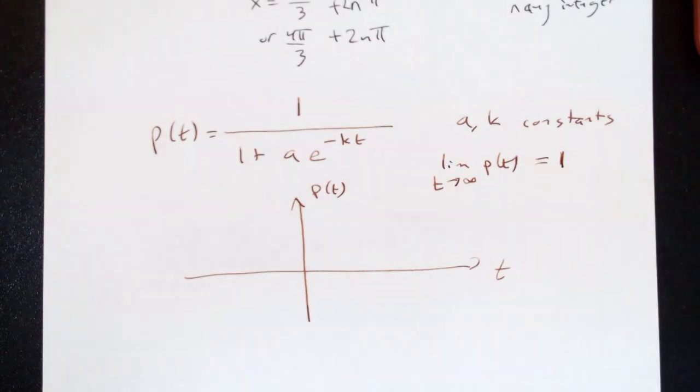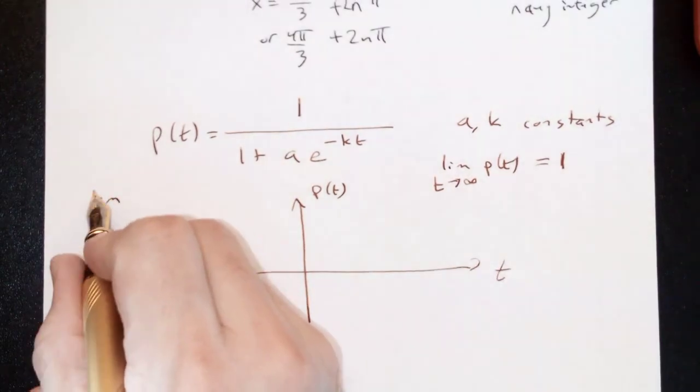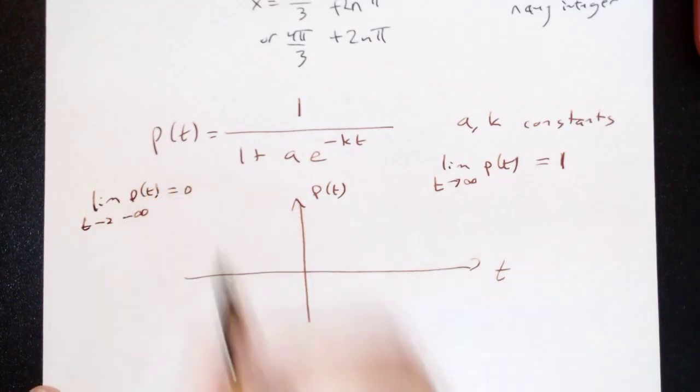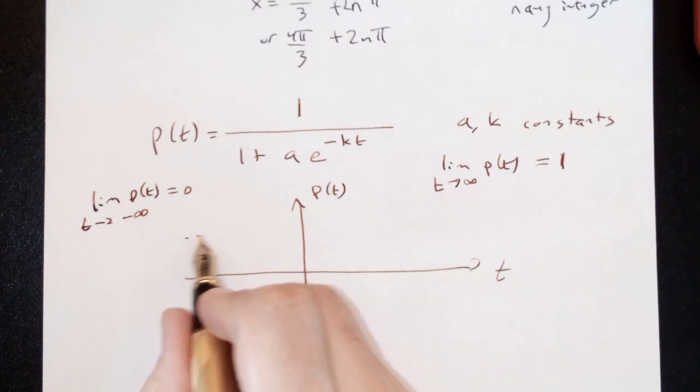On the other hand, if t is negative, then e to the negative times negative, that's e to a positive. E to a positive is really, really big, which makes the bottom of this fraction really big. 1 over something really huge is really, really small. So this graph is 0 way out to the left and 1 way out to the right.